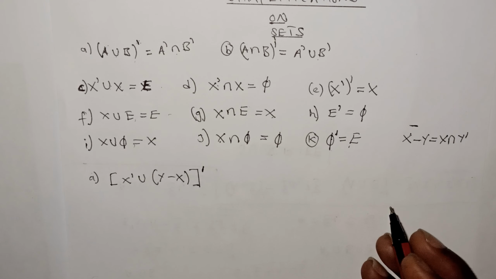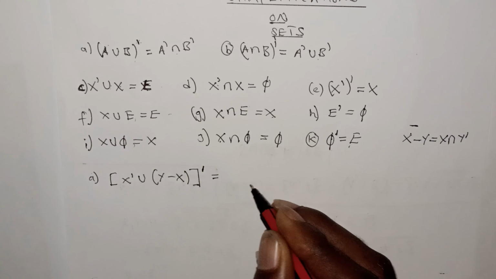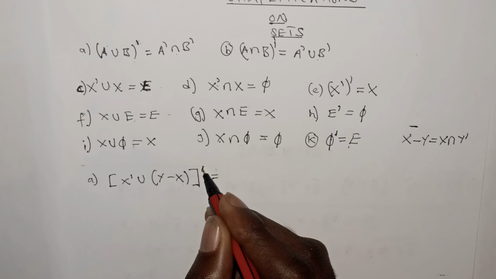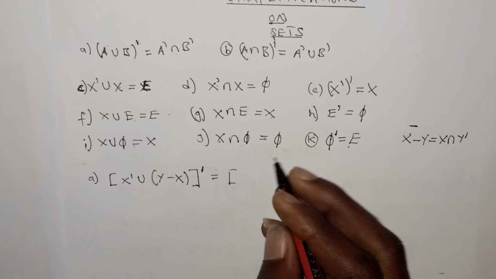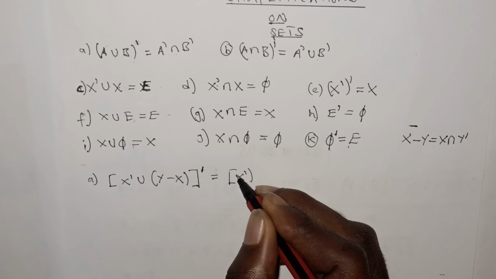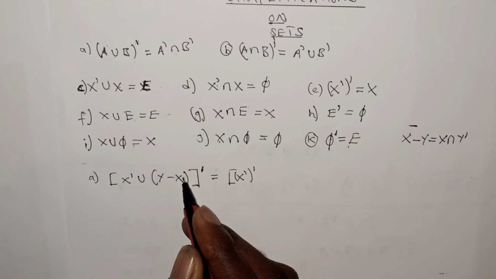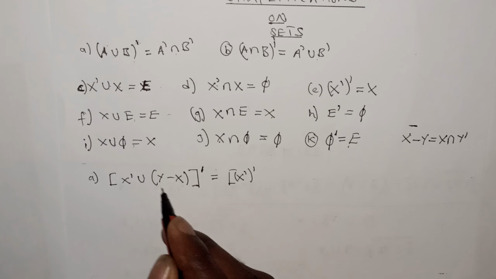So this one can be simplified in this way. We'll say it is equal to, this complement will get distributed to this one. So let's go step by step. When this complement gets distributed to this one and this one, this is a single set and this is a single set.